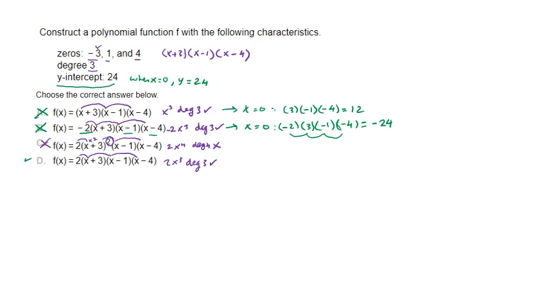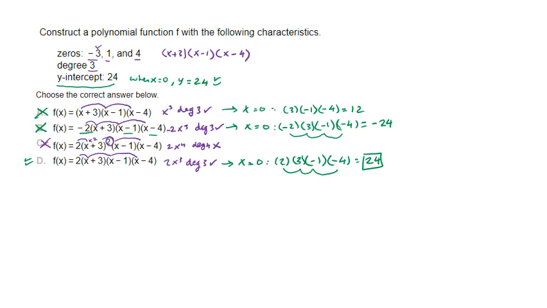So it has to be, by process of elimination, option number D, but let's go ahead and multiply it out anyway. When x is 0, then we're going to have 2 times 3 times -1 times -4, and let's see what that multiplies to. 2 times 3 is 6, that gives us -6 times -4 is a +24, which is exactly what we need.